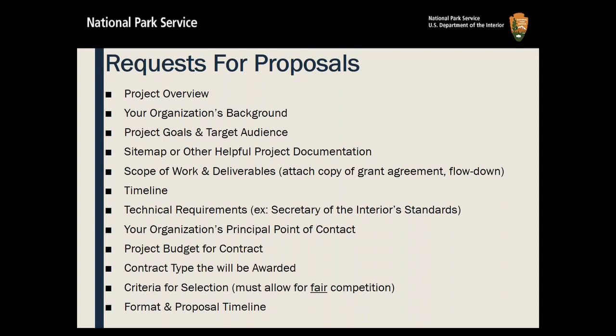And when you do that, you have to make sure that the way you're selecting them allows for fair competition, that you are not making the requirements so strict that it only allows for one person to apply for that bid. And you also want to state the format and proposal timeline for which they have to submit the RFP or their bid.